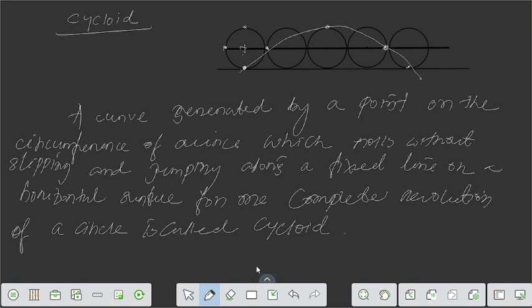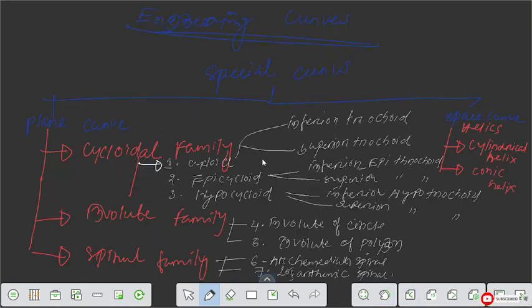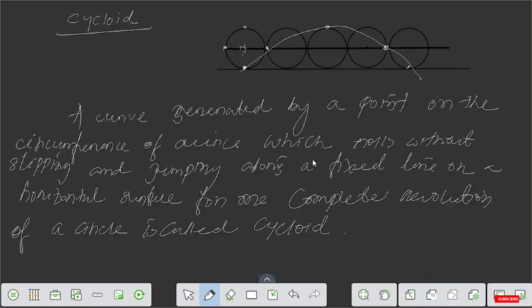Next, cycloid is divided into two types: inferior trochoid and superior trochoid. As you know, cycloid is the curve generated by a point on the circumference of the circle which rolls without slipping and jumping along the fixed line or horizontal surface.